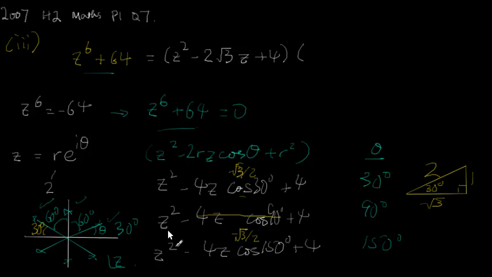And next factor, z squared, that's 0, plus 4. Next one is very similar to the first, but with a minus here and minus here to give a plus. So it's z squared plus 2 root 3 z plus 4. So that's the answer.